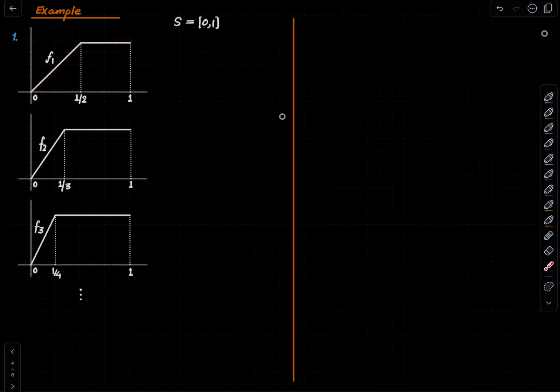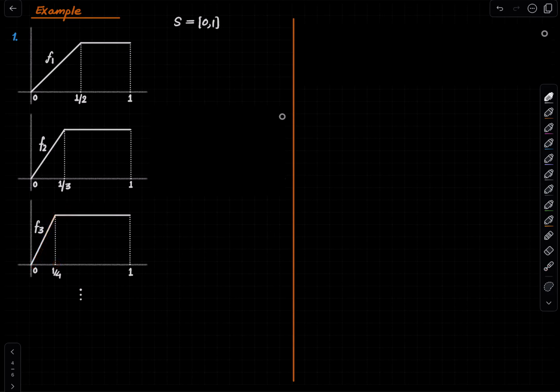I should have mentioned that this value is 1, but I don't want to clutter the figure. The function f2 grows linearly from 0 to 1 by 1/3. The starting value is 0, the ending value is 1 again, and then it becomes constant. The function f3 rises even faster, but only up till 1/4, and then becomes constant.